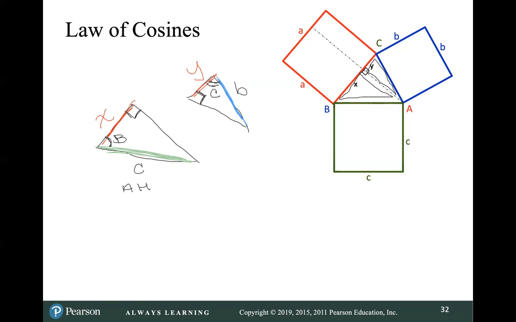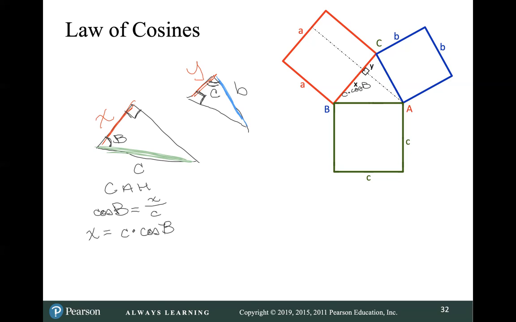I know I can use cosine to set up an equation. Cosine of angle B equals adjacent over hypotenuse, which gives us that x equals c times cosine of B. So we know that the length of x is c times cosine of B.